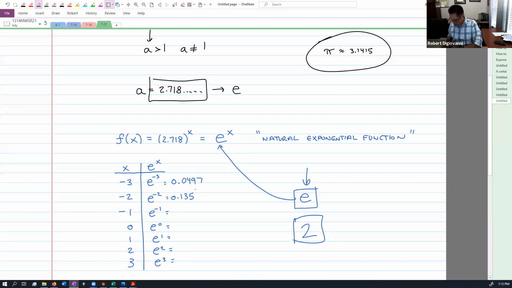E to the -1, 0.367, e to the 0 is 1, e to the 1 is 2.718, e squared, 7.389, and e cubed, about 20.09. So please confirm that you can get these on your calculator.